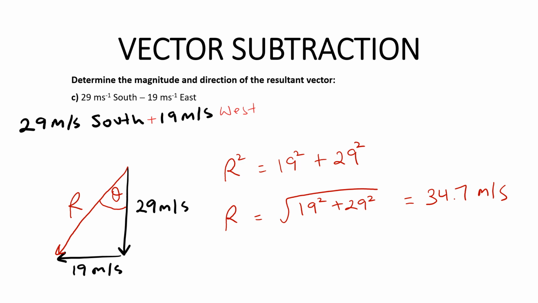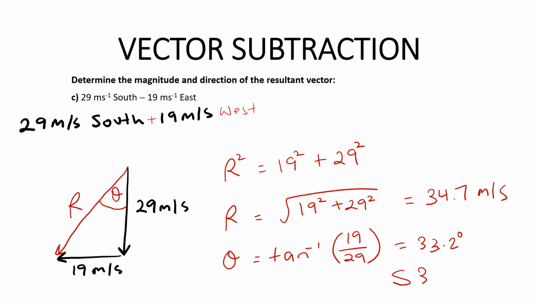Theta equals tan inverse of opposite 19 over adjacent 29, and we get 33.2 degrees, correct to one decimal place. This angle starts from south, so we have to say south, 33.2 degrees west.